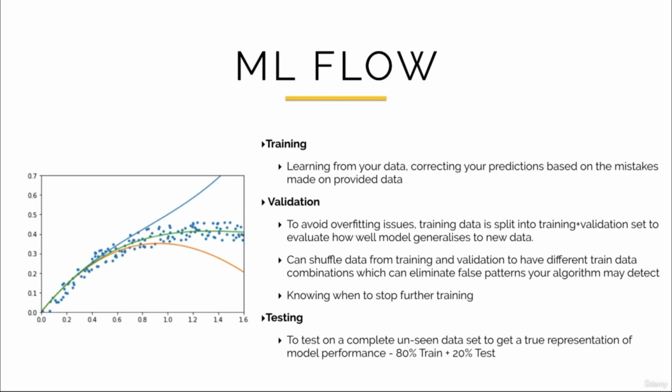Whereas for the test set, you really truly only leave it to the very end, and you take what you think is your final model, and then you run it against the test data and you see how it performs, and from there you get an actual good representation of how your model is likely to perform when it sees completely new data.